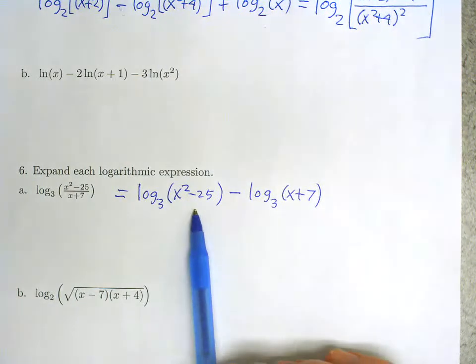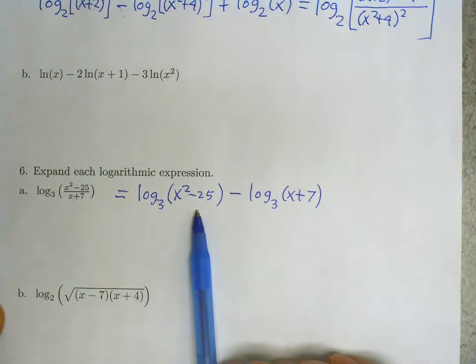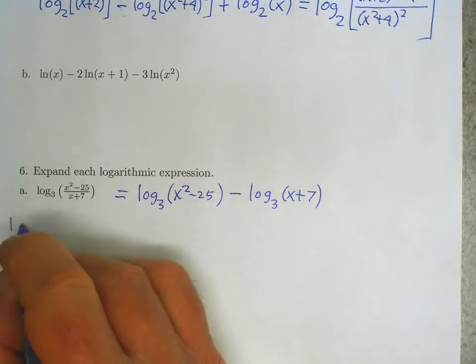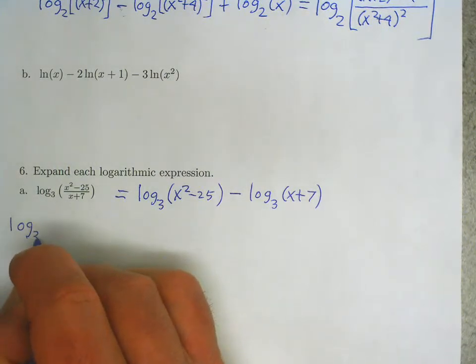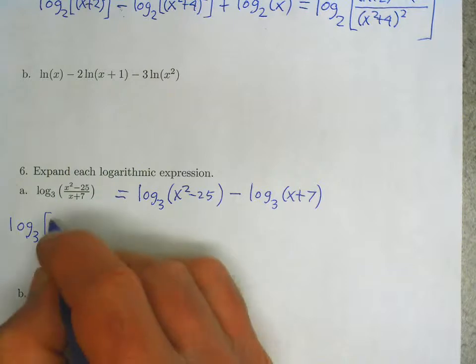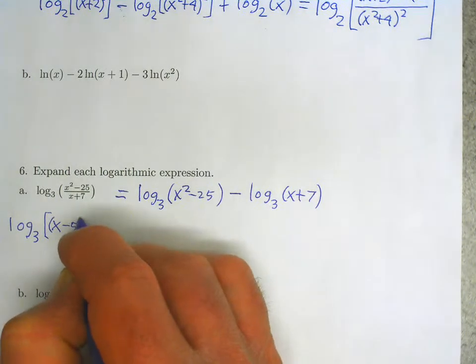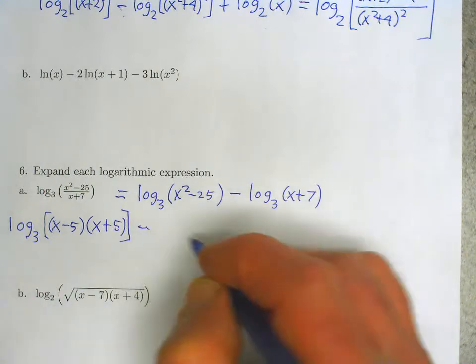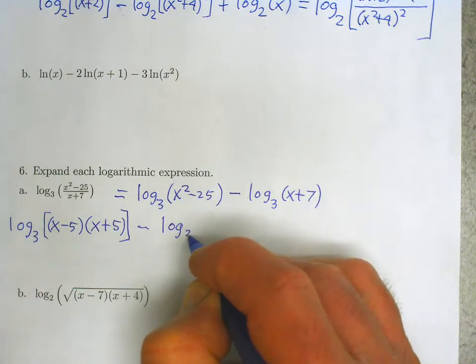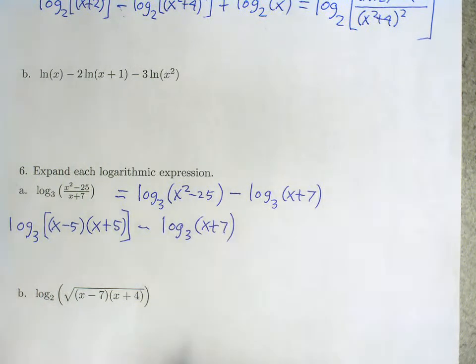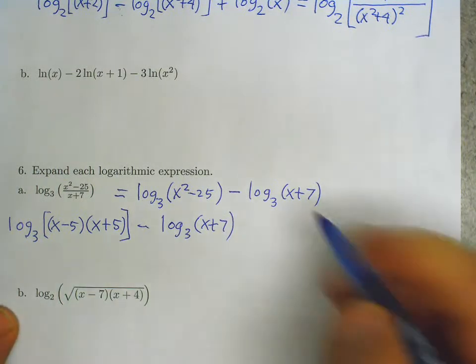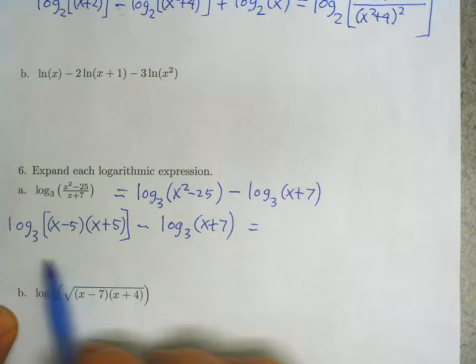The x squared minus 25 is a difference of squares, so we can factor that. So we'll rewrite that log base 3 of x minus 5 times x plus 5, and then minus log base 3 of x plus 7. And then the last step, since we have a product in this argument, we'll rewrite this as a sum of 2 base 3 logarithms.